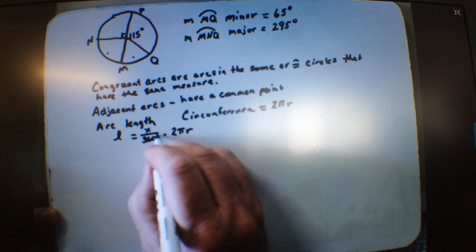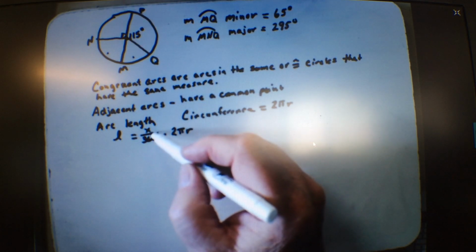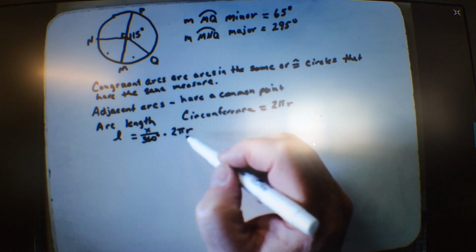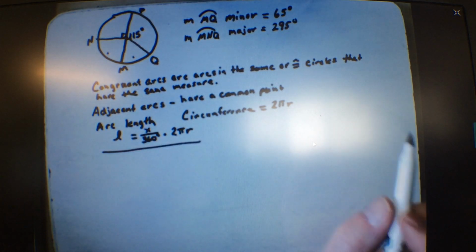Why x out of 360 degrees? That's the fraction I have, isn't it? How many degrees I have out of 360 times the circumference. You understand that this is how you find arc length.